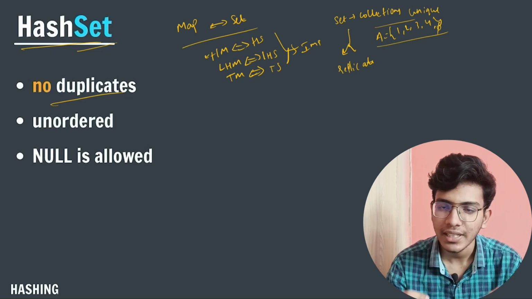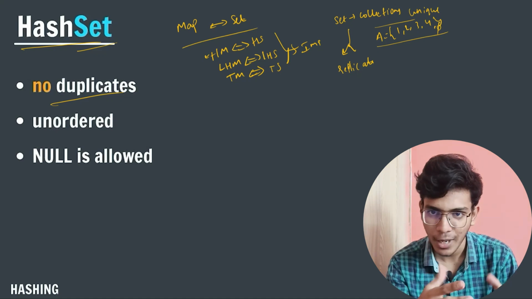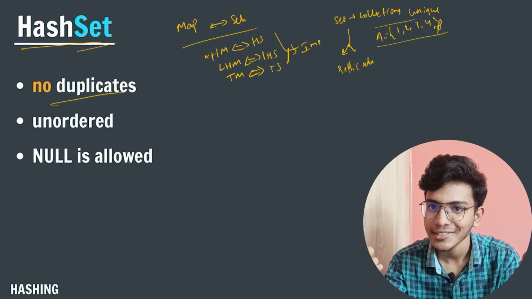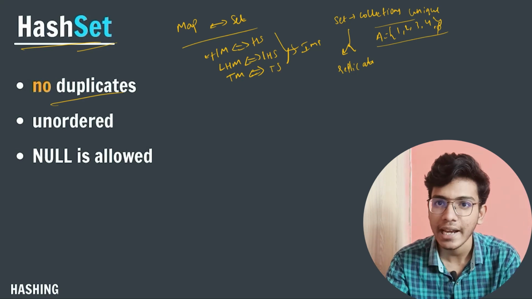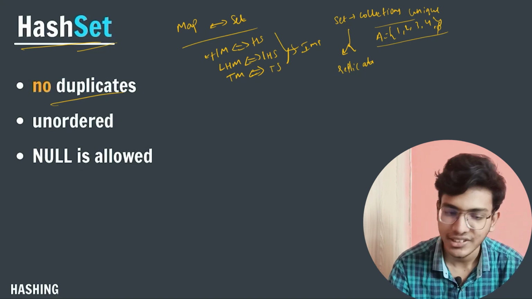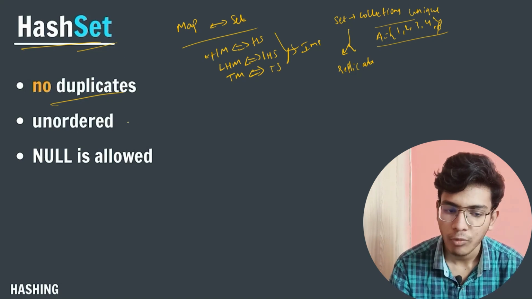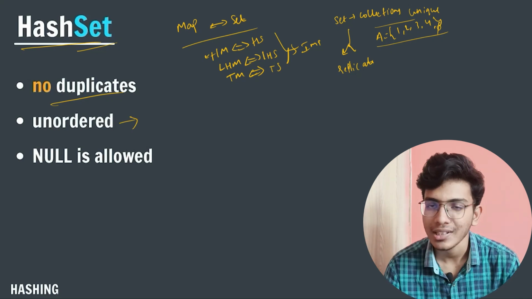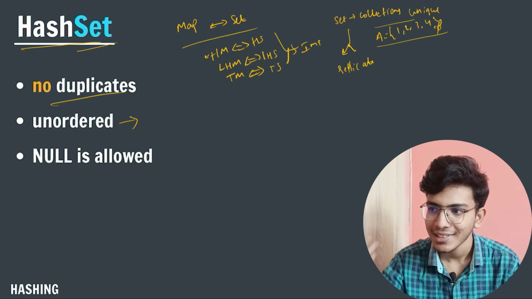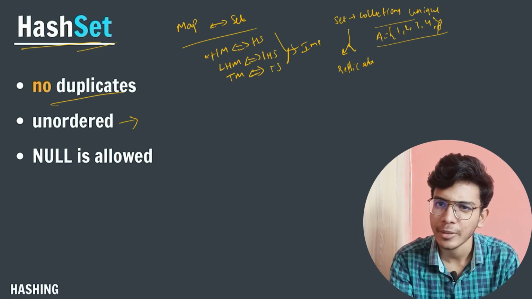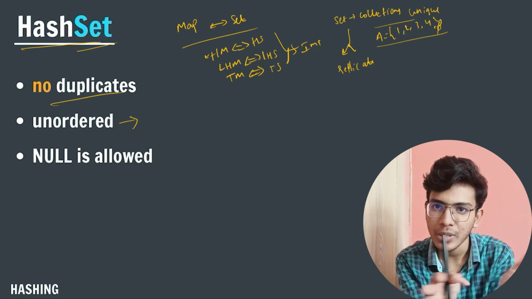The second property is that, as I said, hash map and hash set are very similar to one another. If you recall the properties of hash map, it is unordered, not in a structured format. Similarly, hash set is also unordered, and the elements you add don't have to come out in the same order, they come out randomly. Let's say I am adding 1 2 3, and if I print the set, then I will get some random order like 2 3 1. It doesn't have to be in an order.